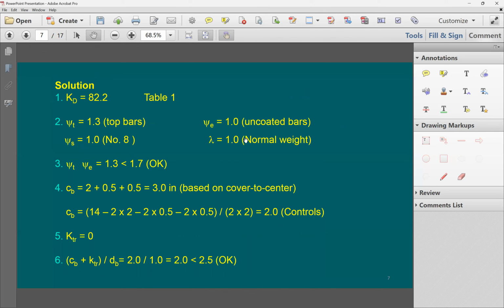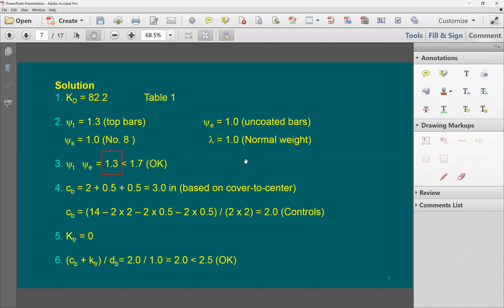Normal weight concrete, there is no reduction or additional length needed, so it's going to be 1.0. Then the product of psi sub t times psi sub e: if it is more than 1.7, use 1.7. So I tried that. 1.3 times 1 is going to be 1.3, less than 1.7. Let me just use this value. No cap or limit needed.